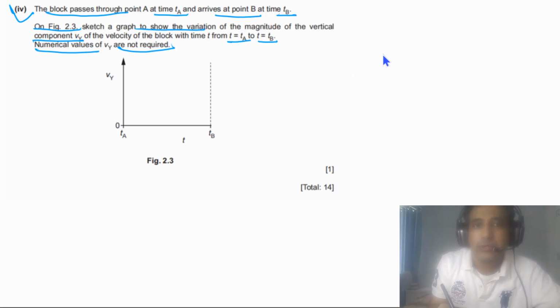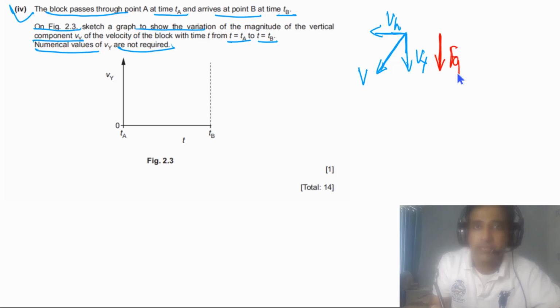So we have already discussed, as the block is moving in this direction, this is the velocity, and the force acting on the block is only in the vertical direction. So this is the vertical component of velocity, and this is the horizontal component of velocity, and the force is acting only in the vertical direction, and this is the single force acting on the block.